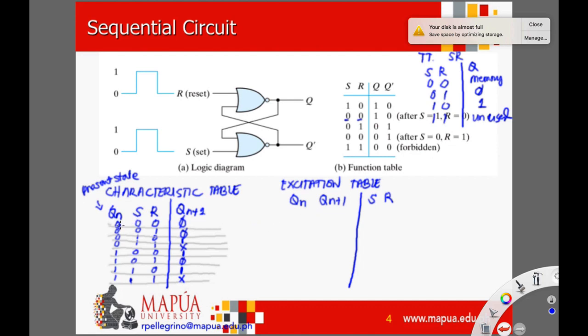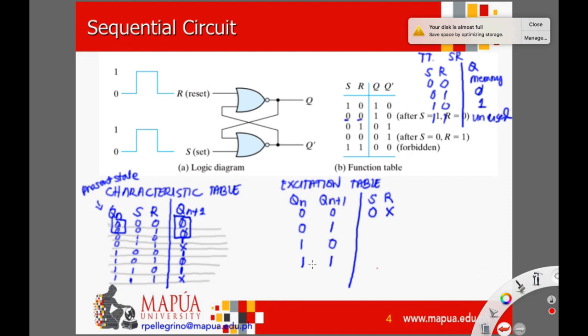We have 0, 0, 0, 1, 1, 0, and 1, 1. If we have 0 going to 0, the previous state is 0 and the next state is 0, what is our SR? S is 0, and R changes, it's either 0 or 1, so we have here don't care.